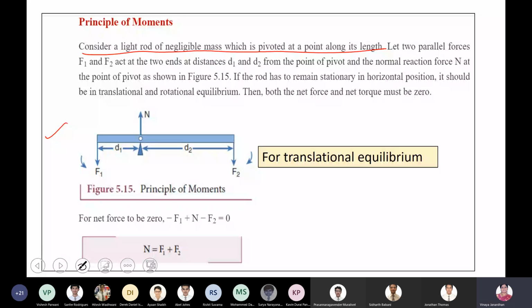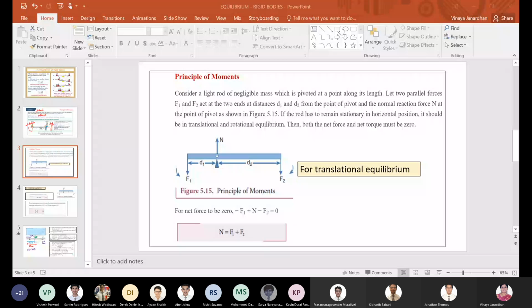Hitesh, Jatin. Where is Hitesh? Let me check. Jatin? Praveen?